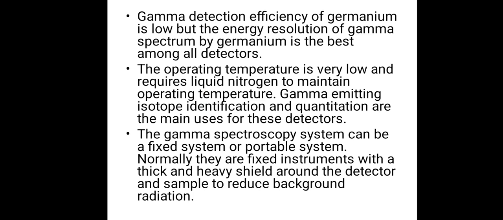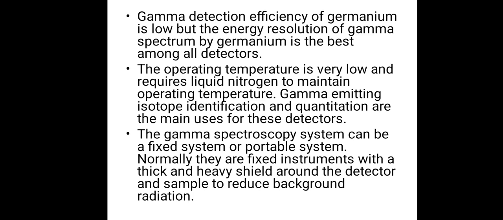Gamma detection efficiency of germanium is low, but the energy resolution of gamma spectroscopy by germanium is the best among all detectors. The operating temperature is very low and requires liquid nitrogen to maintain.